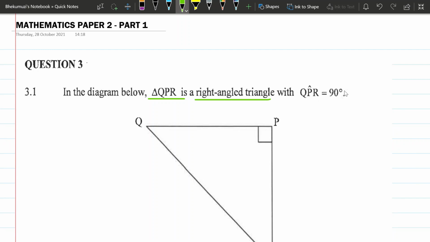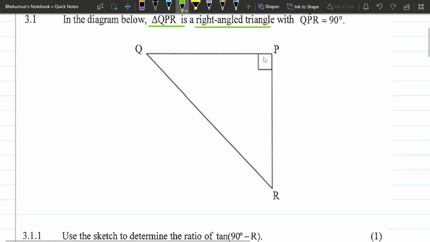Because it is a right angle triangle, with trigonometry, we associate trigonometry with right angle triangles, because remember, the ratios themselves are the opposite side over the adjacent, the opposite side over the hypotenuse, or the adjacent side over the hypotenuse, right?